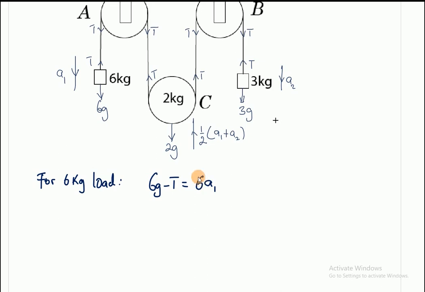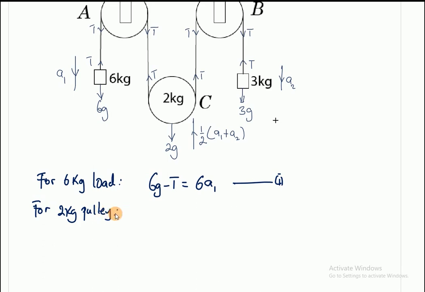The mass is 6, the acceleration is A1. This one is the resultant force on that body because it is acting downwards. There is a 6g down and a T up. That's what we have. We are going to call this equation number 1. Then we have for the 2 kilogram pulley.